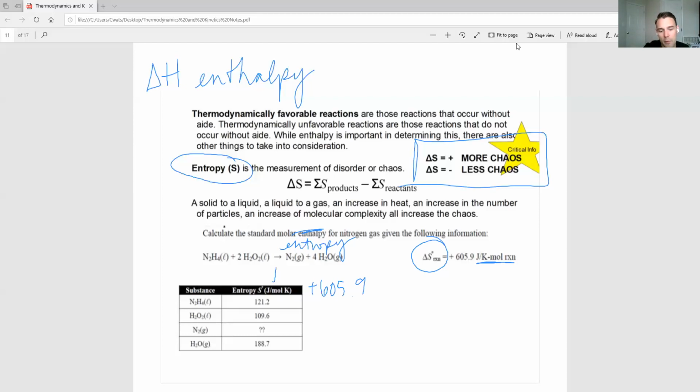All of the units are the same, but when we look forward, delta S is always in joules for the most part, and delta H is almost always in kilojoules, so that's something you want to pay attention to. It is equal to, so the products would be N2, which we don't know, plus, we got 4 water vapors, 4 times 188.7.